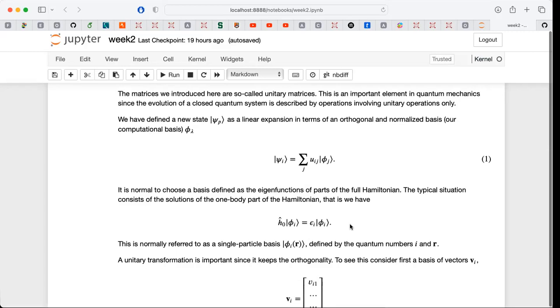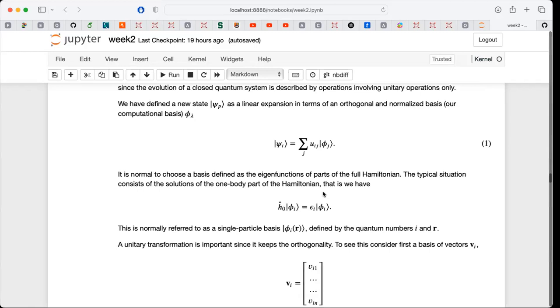As we mentioned last week, what is very handy to do in many body physics and in quantum mechanical problems is to define a basis which is orthogonal, normalized, and which can be seen as a solution of part of the Hamiltonian. And it's pretty common to single out a part of the Hamiltonian, which is a one-body Hamiltonian, where you have kinetic energy and an eventual external potential.